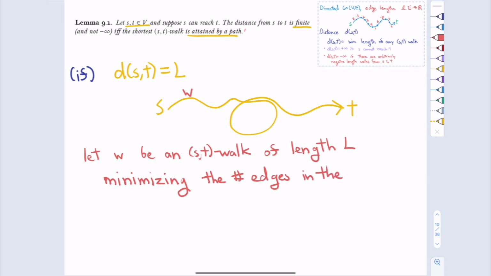There may be many shortest walks, but let's take the one that minimizes the number of edges. And the claim is that W is going to be a path.